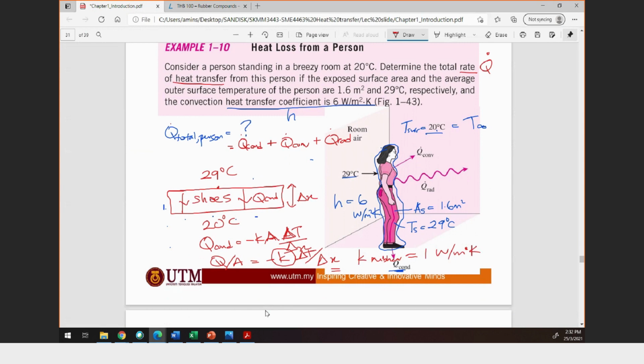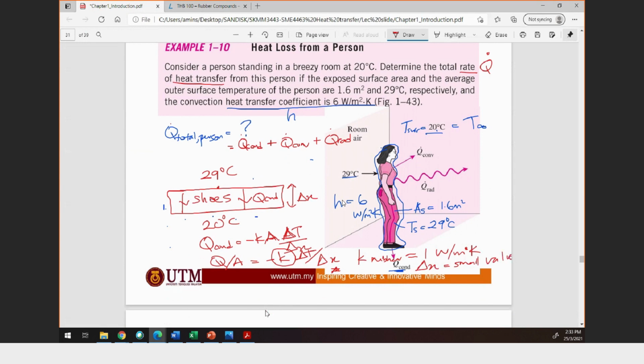if delta T, let's say delta T is 9 degrees Celsius, or 9 Kelvin, so delta X is probably less than a small value.